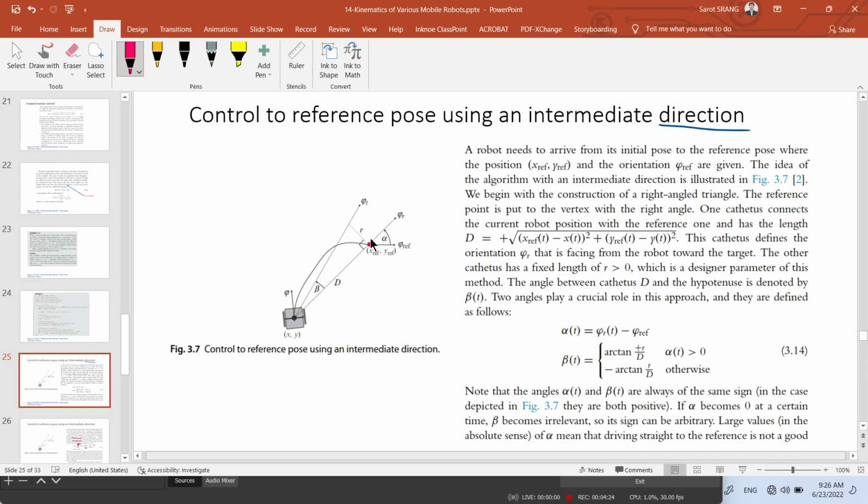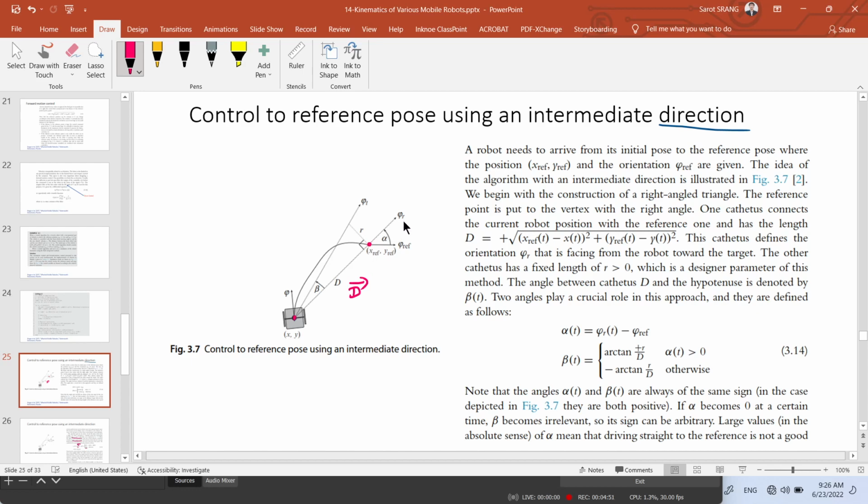Phi r is the angle we can compute from this vector, which I can just call vector d. Vector d goes from the instantaneous point to the goal.